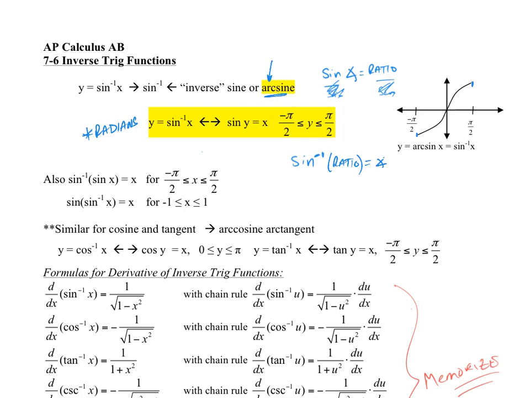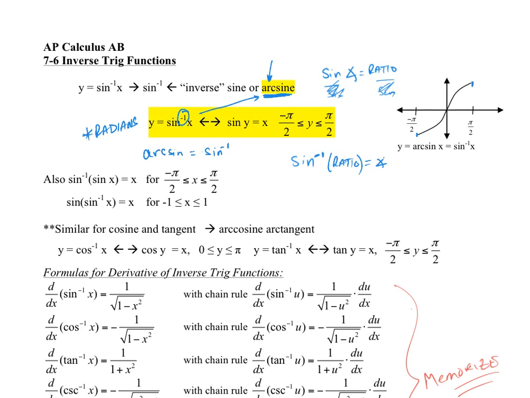The arc sine just means this inverse. So sometimes you'll see it as the arc sine, and that just means the inverse sine. So it's the same word, just a little bit different. So just be careful with that. When you see it on my tests and quizzes, I'll use both. I'll use the inverse sine and I'll use the arc sine. That way you understand them both.